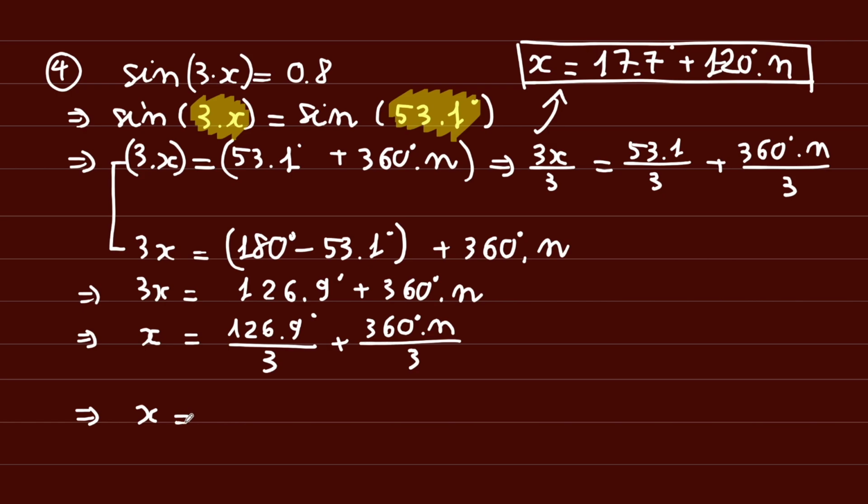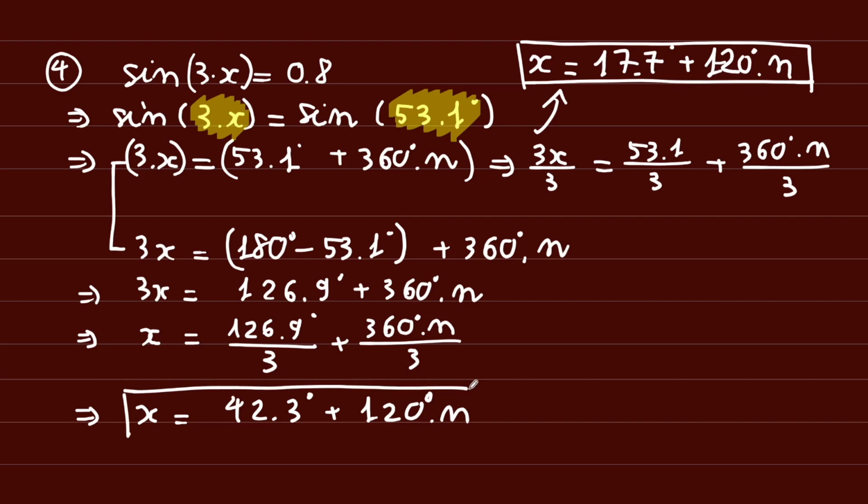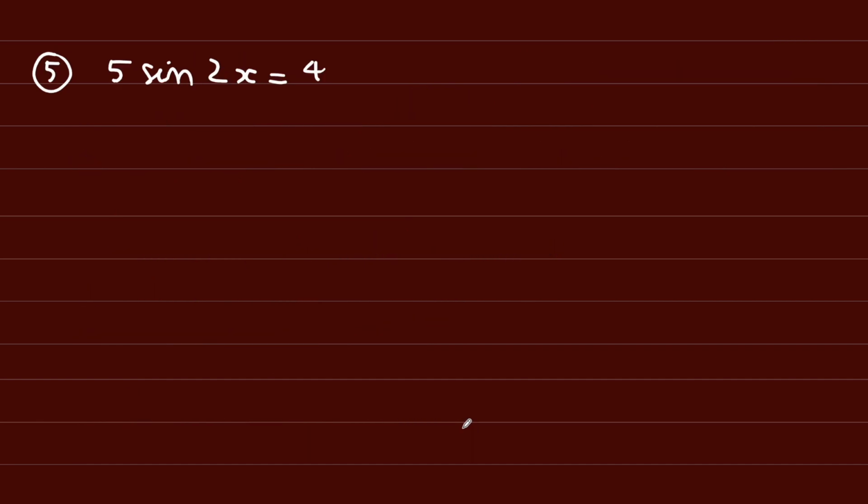And after that, you got the new one, 42.3 degrees plus 120 degrees multiplied by n. Yep, that is the second general solution for question 4. And you can see that for each question, we have advanced, harder and harder step-by-step exercises about the sine trigonometric function. And how about example 5? We have example 5 like this one.